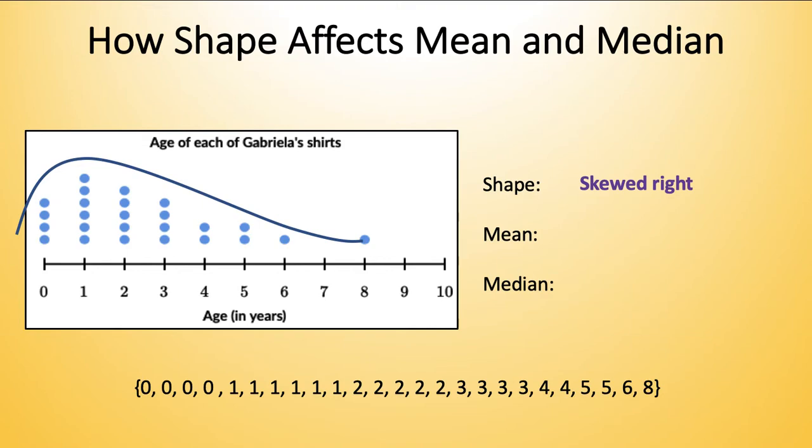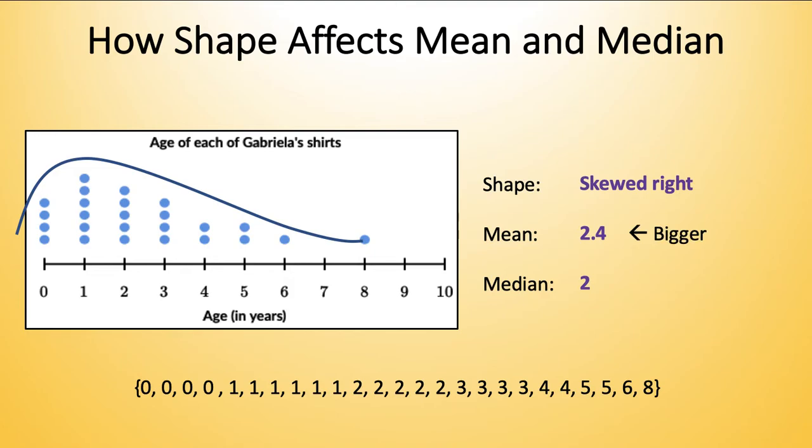Notice there's a cluster on the left-hand side where the lower values are located. And then the graph is skewing to the right because we only have a few data values on the right-hand side near the larger numbers. If I were to calculate the mean and median, the mean would be 2.4, the median is 2.